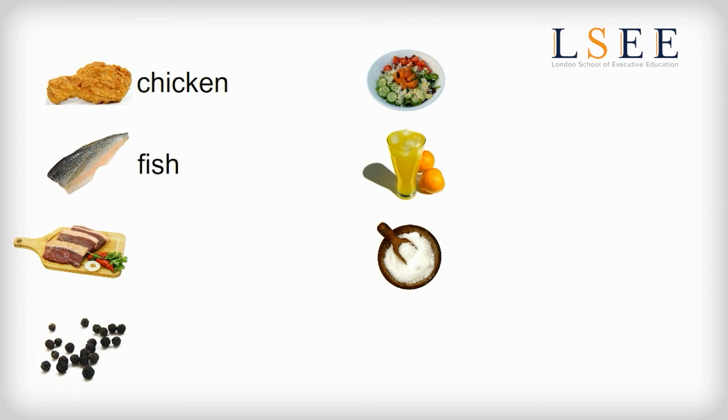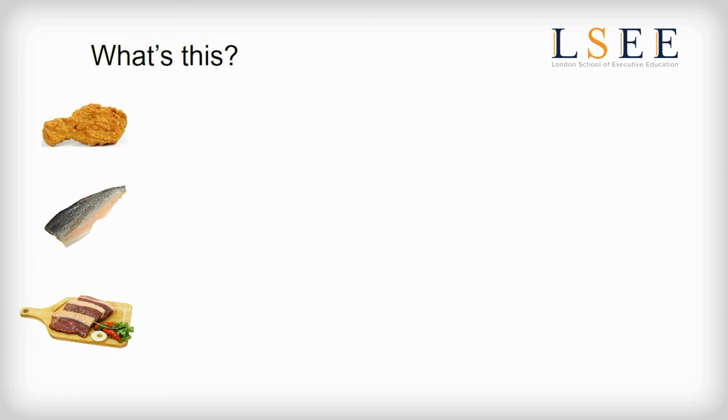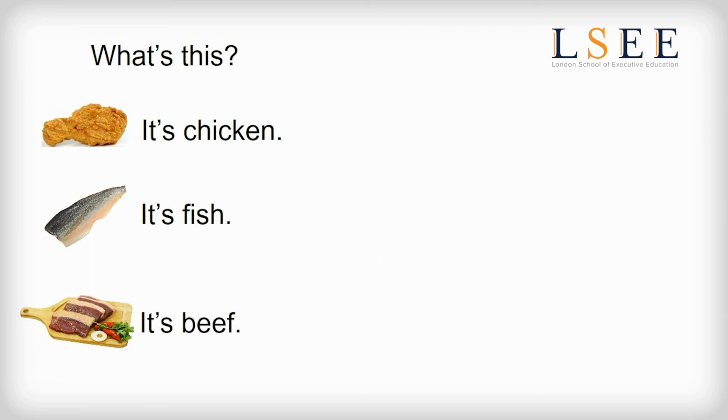Repeat after me. Chicken, fish, beef, salad, juice, salt, pepper. What's this? It's chicken. It's fish. It's beef.